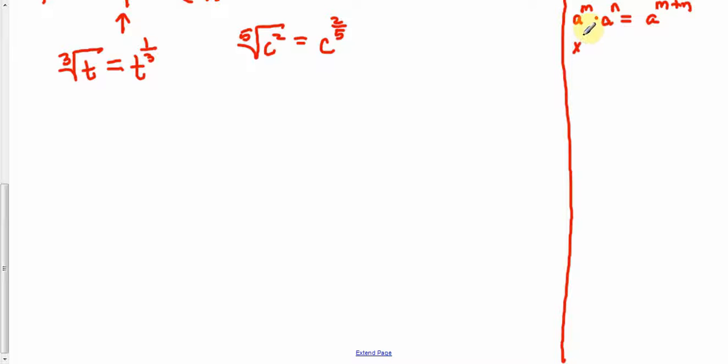If I gave you x to the 2/3 times x to the 4/3, you're multiplying like bases, so the rule says keep the base and add the exponents. 2/3 plus 4/3 is 6/3, which is 2. So your answer to that would be x squared.